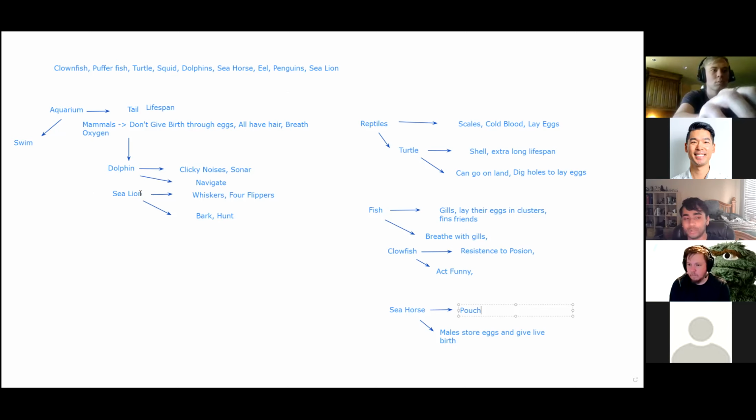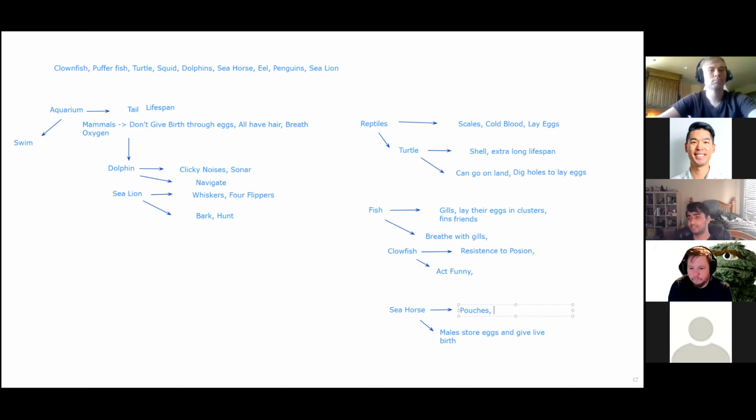Because what's the point of inheriting it down if only 2 of the 9 can use it? Does that make sense? At that point, you want to split it up. It's a design decision where this is only going to be used in a couple spots, and that's okay because there's a reason. Okay, got it. So seahorses have pouches. I think James said that, right?